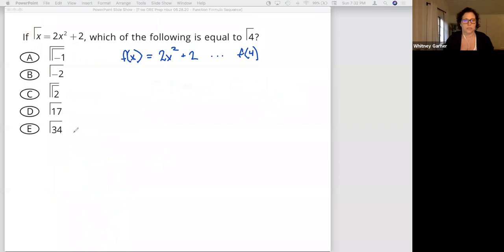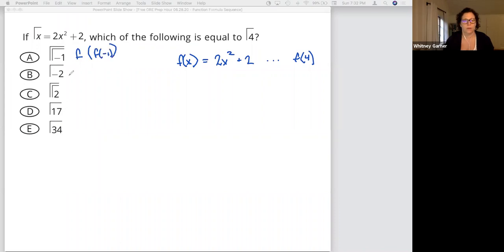And the answer choices would be: A would be f of -1. Answer choice B would be f of -2. C would be f of 2, layered. D would be f of 17. E would be f of 34.